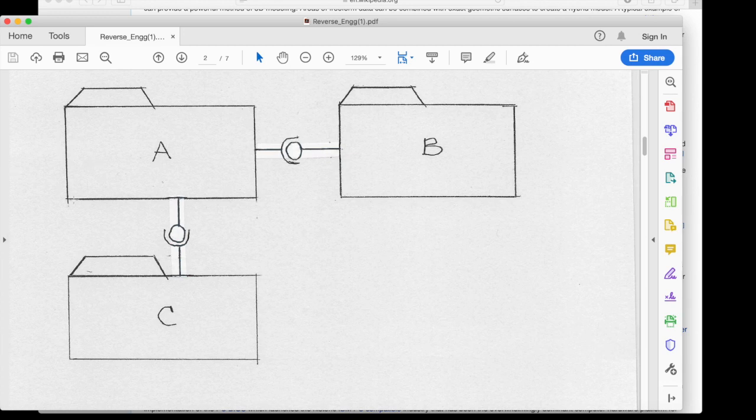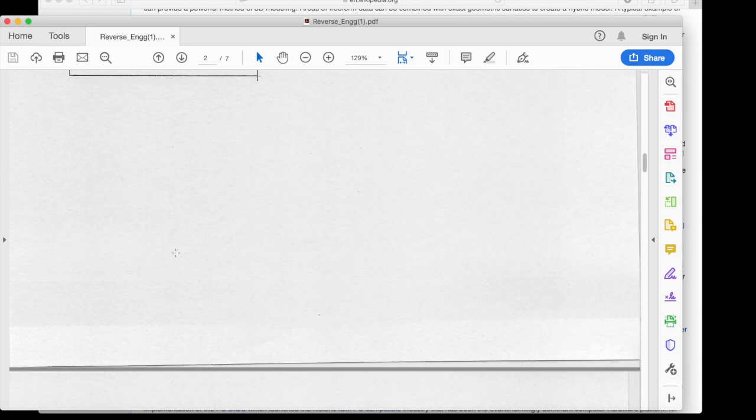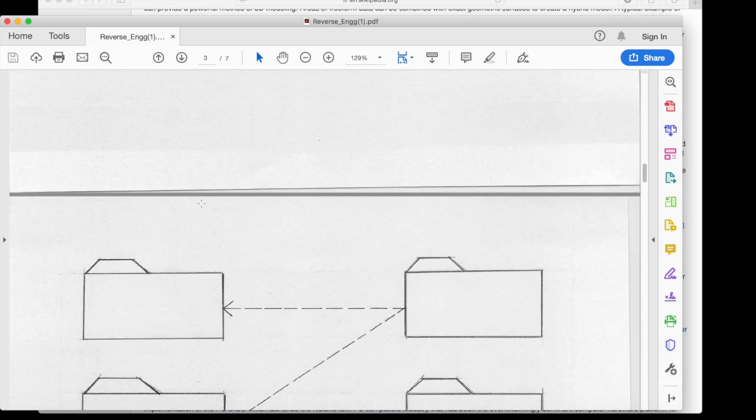So here it is readily understood that it consists of three packages A, B, C, and that's how the relationship exists between packages. Okay? All right, let's move on.